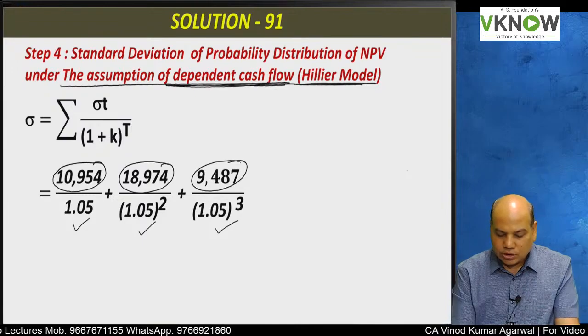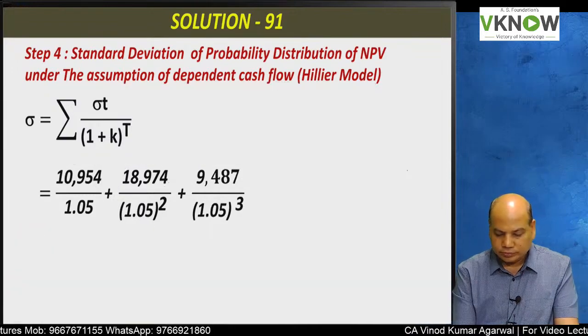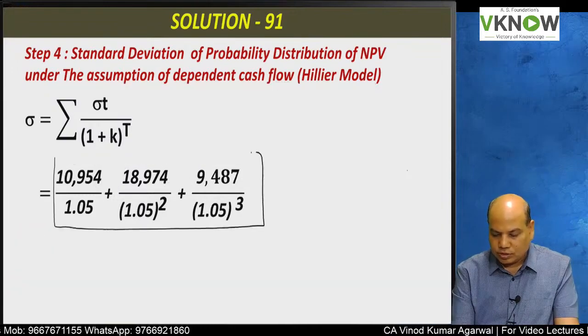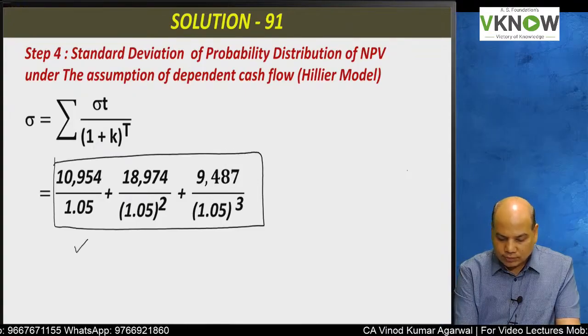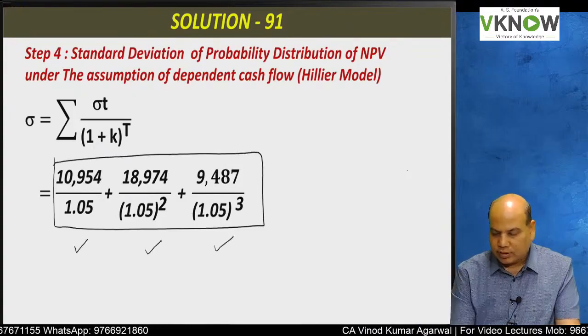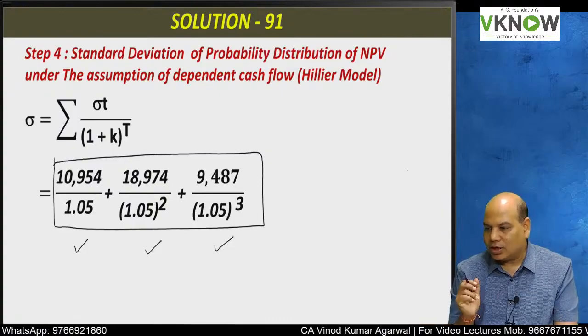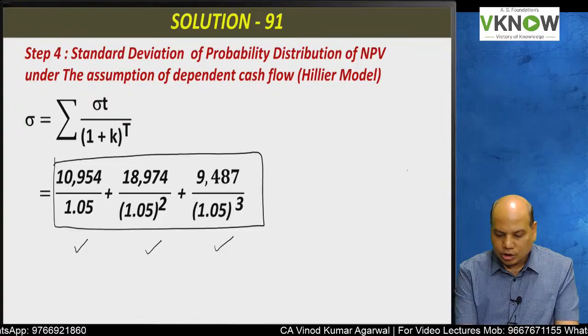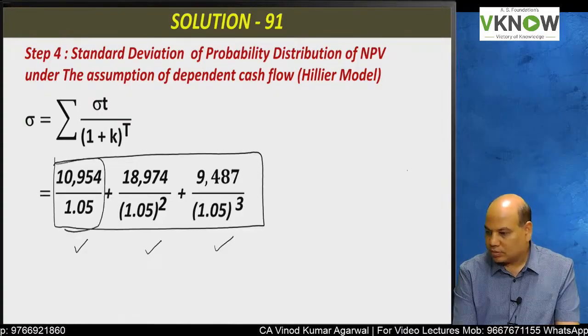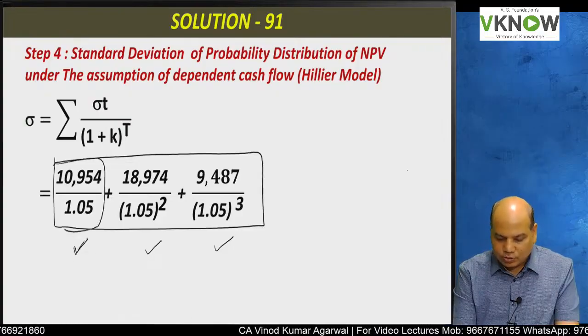Now at least solve this and give me the answer. First solve one by one, then add it, then you will get the answer. Solve this part first. Write the value below.